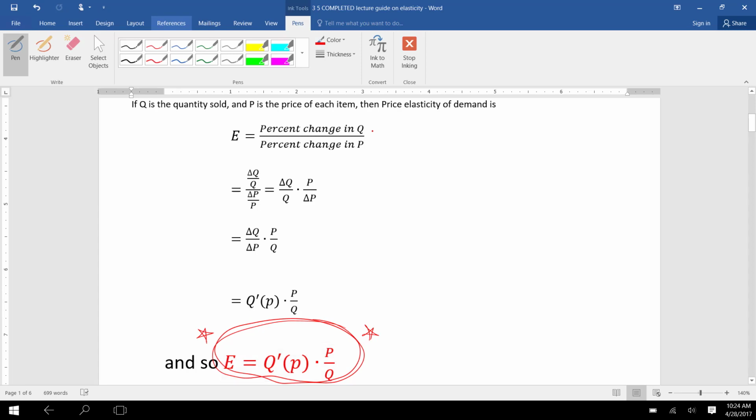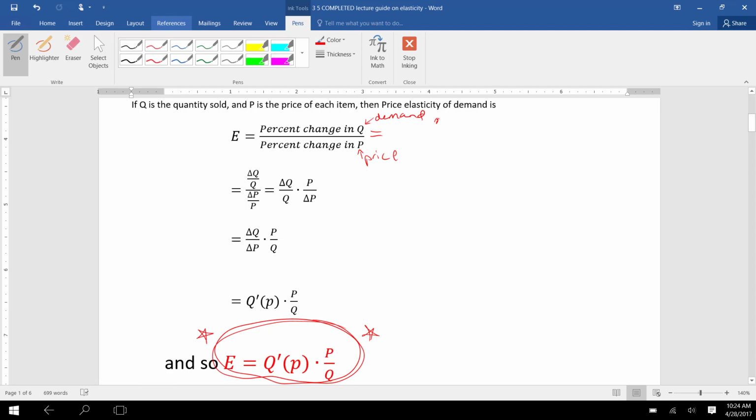So E, as we said above, tells you the percent change in the demand in relation to the percent change in price. And E is defined as percent change in demand, Q, divided by percent change in price, P. Percent change is defined as absolute change divided by the original value.